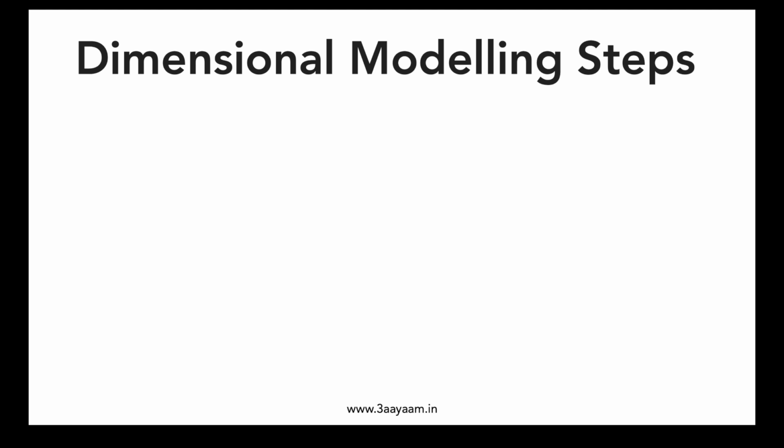Now, having talked about fact tables, dimension tables, and grains, let's discuss the dimensional modeling steps. First, just a small recap. A fact table contains the facts of a business process, meaning whatever your business is engaged in.